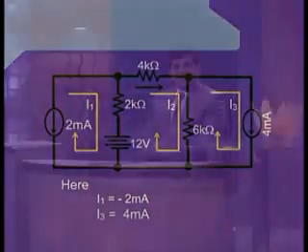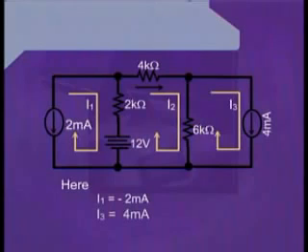This minus sign has been assigned due to the reason that the current I1, which we assigned to the mesh number 1, has been shown in the opposite direction as compared to the current source. Similarly, the value of the current I3 may also be written directly.